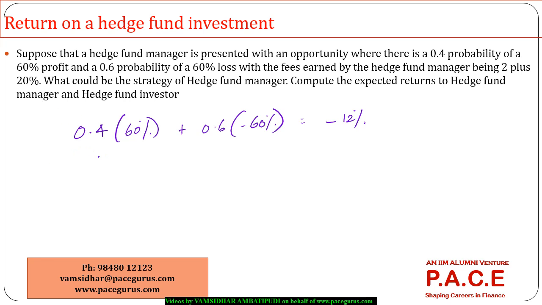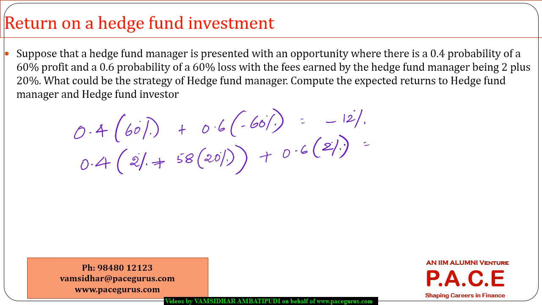But in the case of a hedge fund, because of the incentive structure, we are saying 0.4 times, and what the hedge fund manager is getting is 2% plus 20% on the 58. So this is the amount he is getting out of the 60, and here he is still getting just 2%.